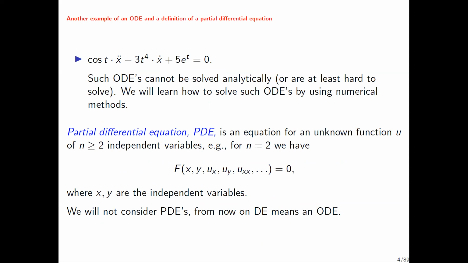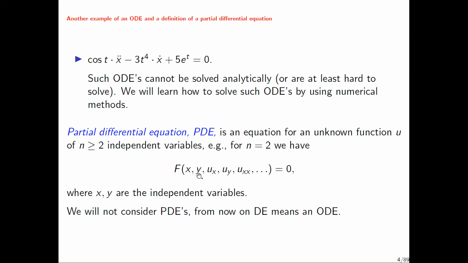Before we continue, let's notice the difference between ordinary and partial differential equations. In this course, we won't study partial differential equations. They are also important in applications, but our time is limited, so we will not be able to look at techniques to solve them. But let us mention what PDEs are. The difference between ODEs and PDEs is that in PDEs we have more independent variables. We have here x and y.